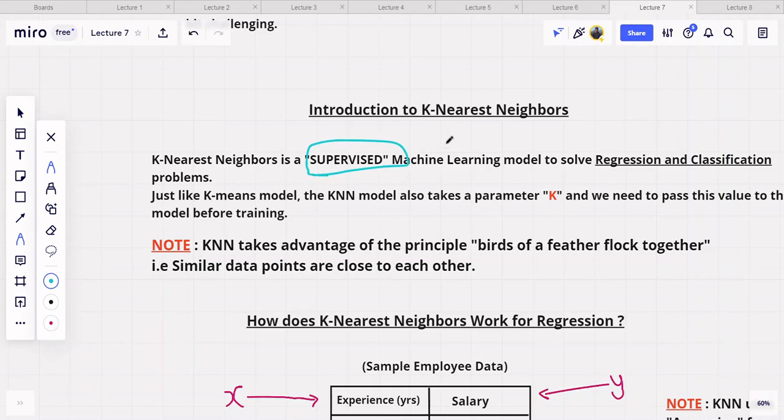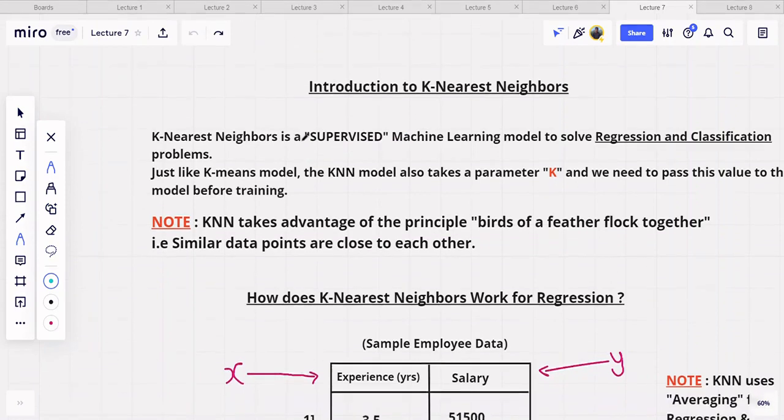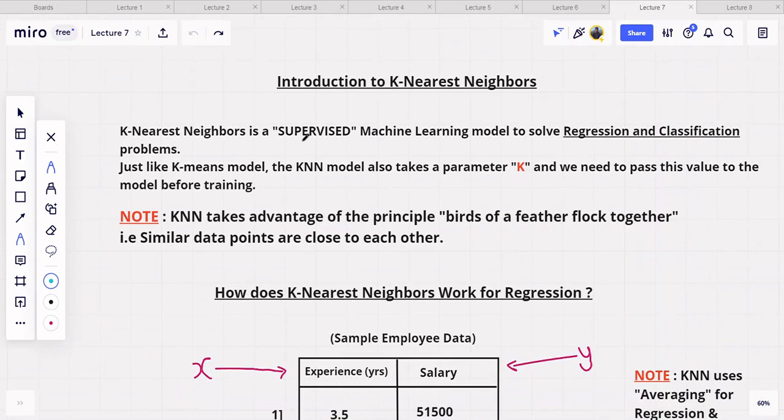In unsupervised machine learning algorithms, we use them to get more insights from our data, whereas supervised machine learning models are trained to do some kind of predictions. And KNN is a supervised machine learning algorithm.